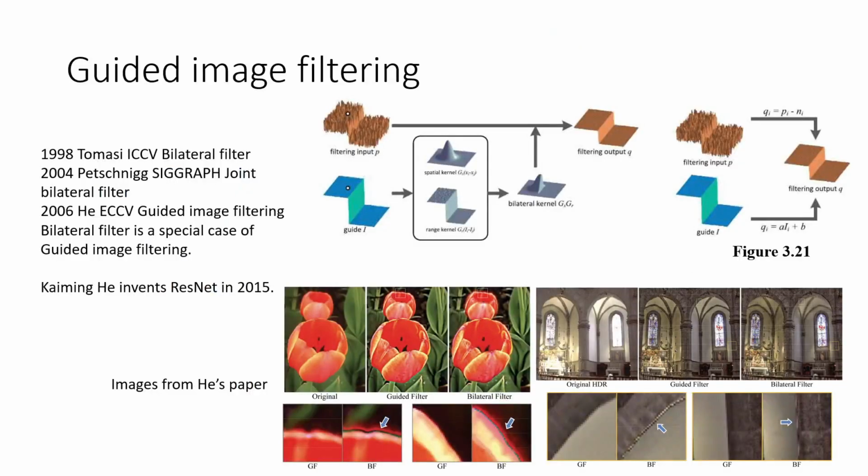Okay, so now we see the bilateral filter, and this paper was published in 2006. It's called Guided Image Filtering. However, I need to mention this paper because let me see the history. In 1998, the bilateral filter was published in ICCV.